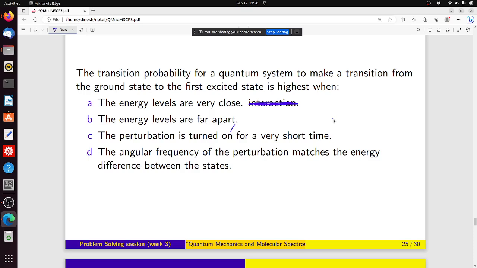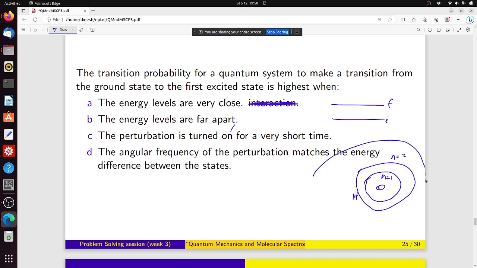Let's say there are two states, initial state and final state, or just assume a hydrogen atom. There is a nucleus in the center and there are orbitals around this. Let's say this is n equal to 1, this is n equal to 2, this is n equal to 3. This third state is very far from 2 and 1.